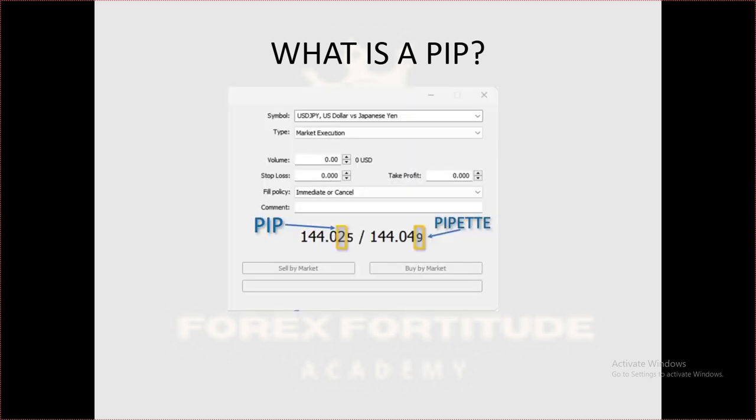The difference between a pip and a pipette is the subscript digit. For example, for USD/JPY we have 144.02. This last digit is a pip, so an increase of 1 pip will lead to 144.03. Do we get it now? The last digit is a pipette, which is what we have here.